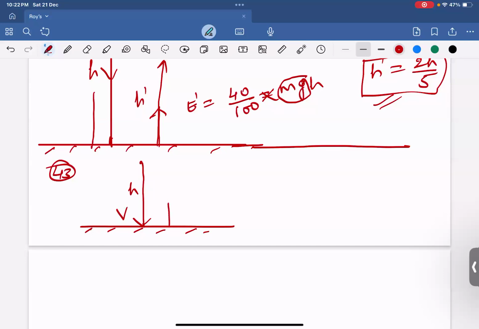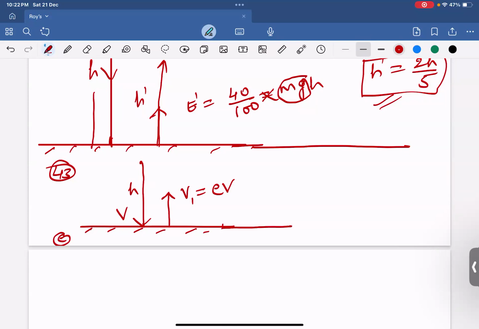Then after the first rebound its speed, that is v1, is e times the actual speed v, where e is the coefficient of restitution.